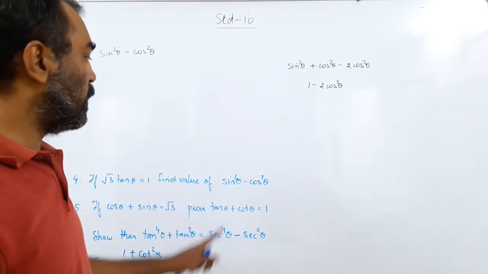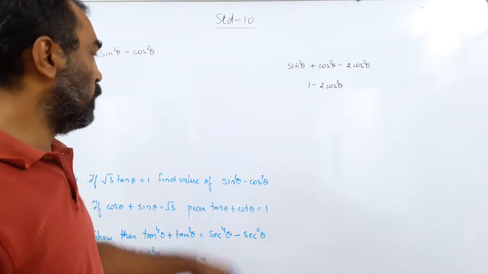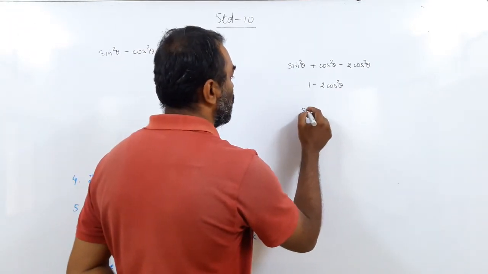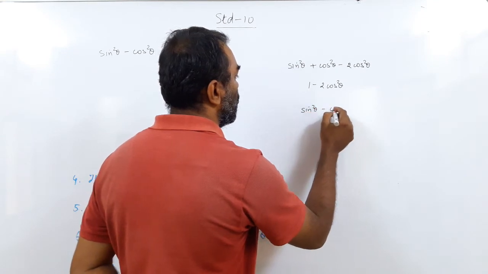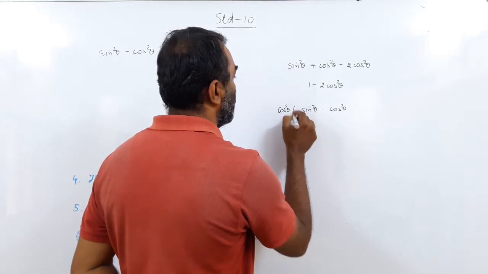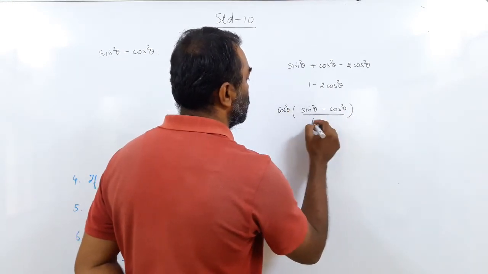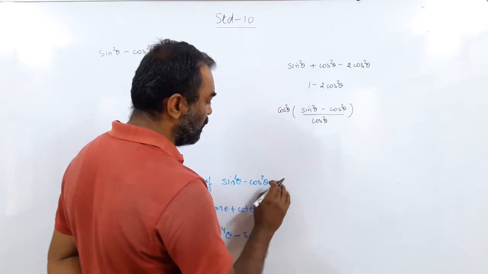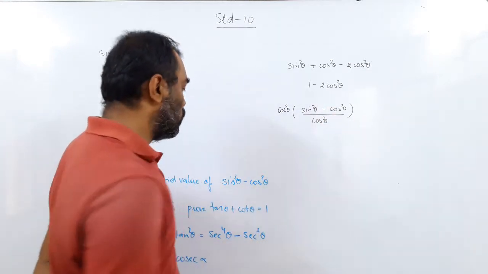So what I did, sin square theta, okay, this is one way. Now let me try one more way. I can write sin square theta minus cos square theta. I multiply and divide by cos square theta. Because there is no right hand side here, there is nothing given here, I cannot multiply both the sides.